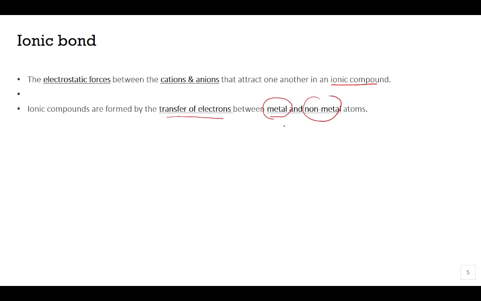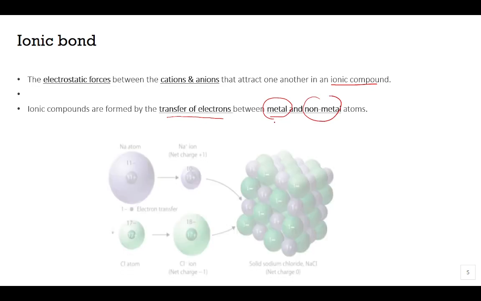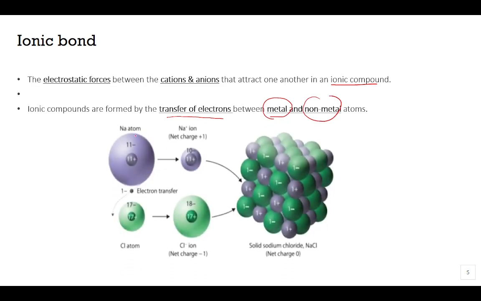I think this one you already studied in form 5. So this is an example. You have sodium atom. It transfers one electron and this is Cl atom. It gains one electron. So in the solid form, it is actually like this in cubic structure.